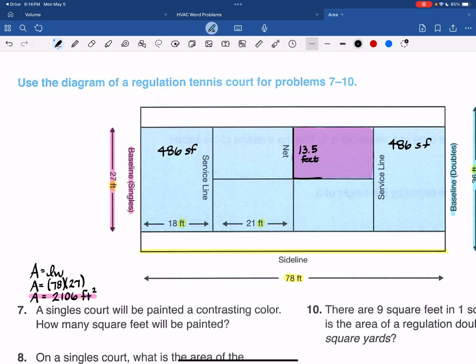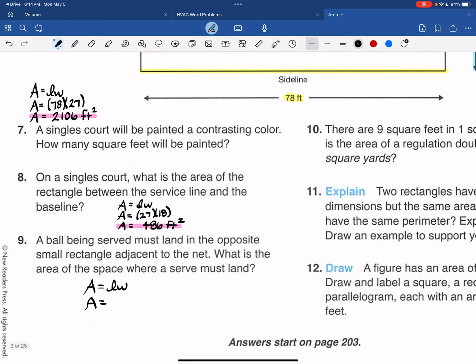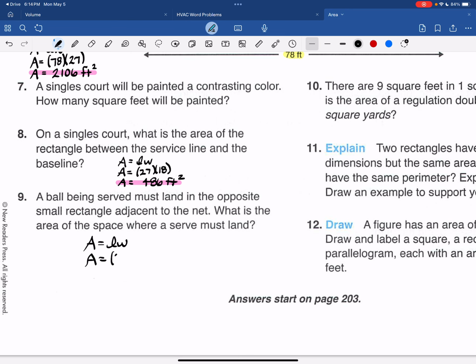Now I need to know this one. So that one's going to be 21. It's the same width as the one right beside it. So here's the area that we need to find. 21 times 13.5. Be very careful with those measurements.